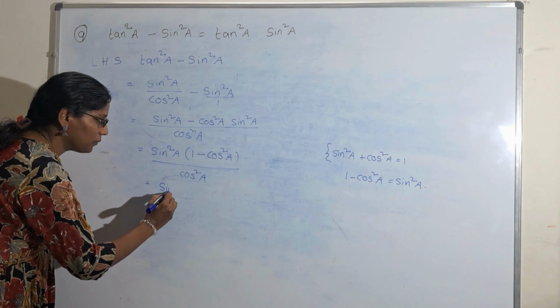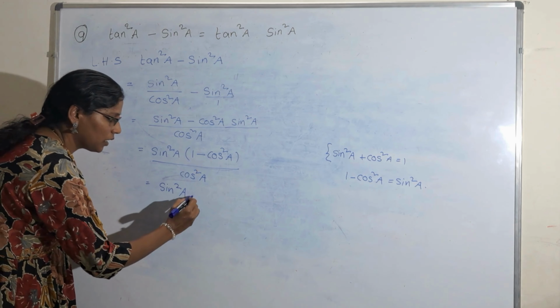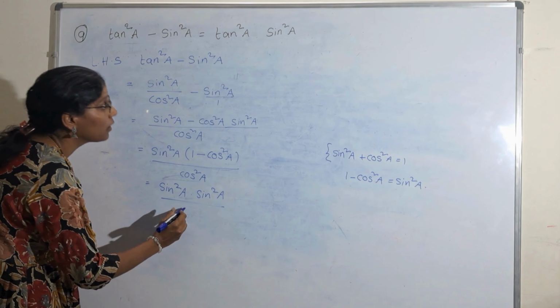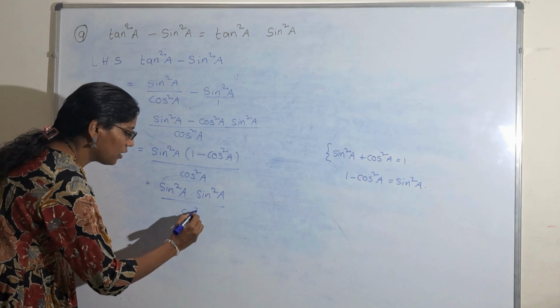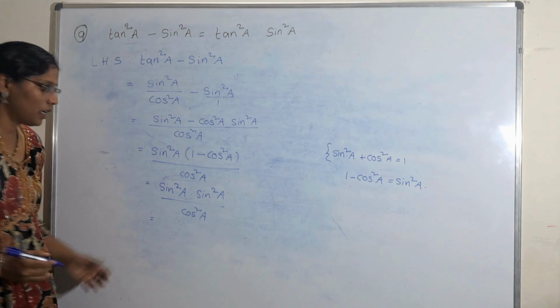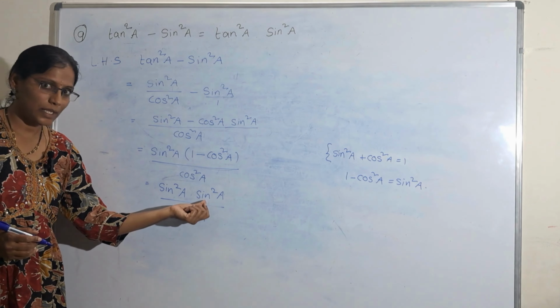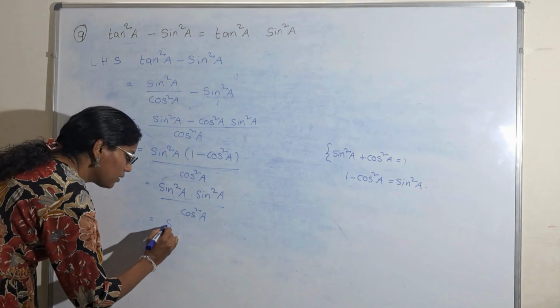Sin square A into sin square A by cos square A. Here one time sin square A by cos square A into sin square A, separately we should write.